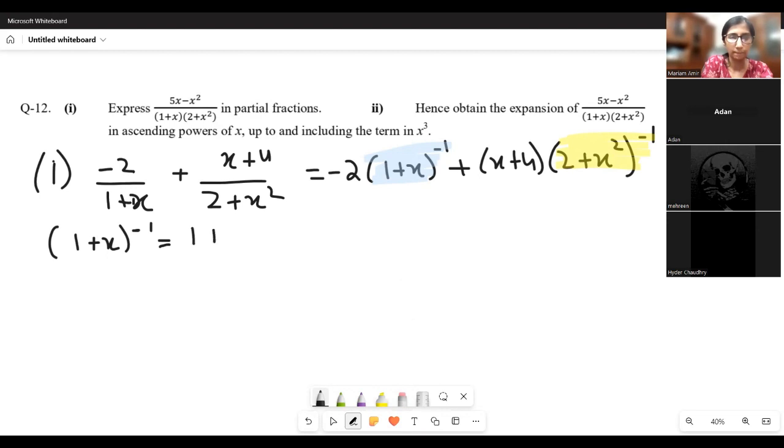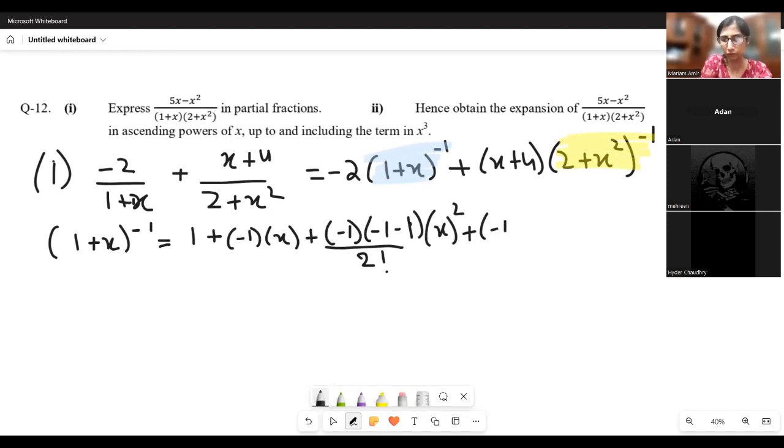So 1 plus minus 1 times x plus minus 1 times minus 1 minus 1 upon 2 factorial times x squared plus minus 1 times minus 1 minus 1 times minus 1 minus 2 upon 3 factorial and then x cubed.